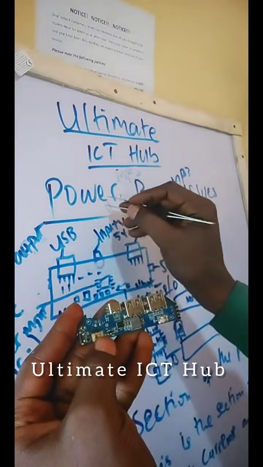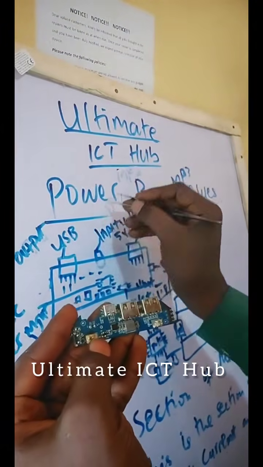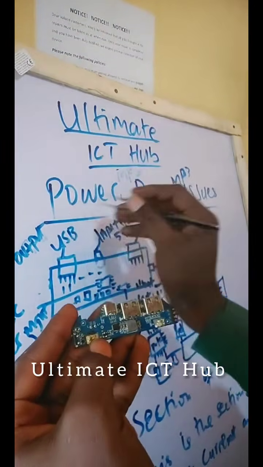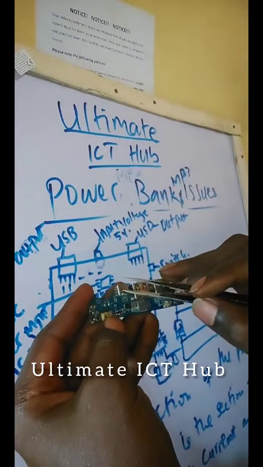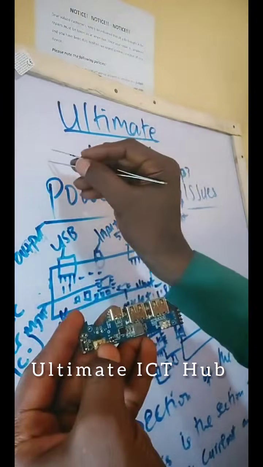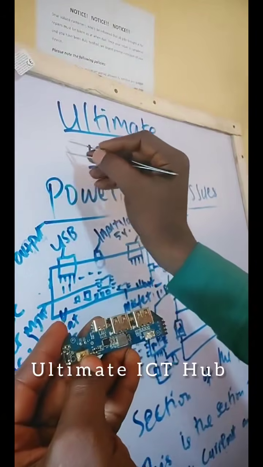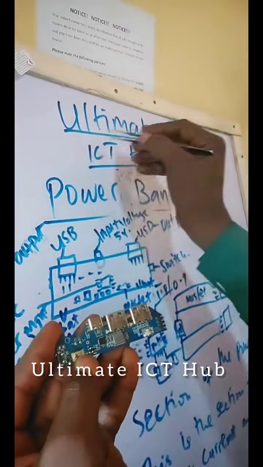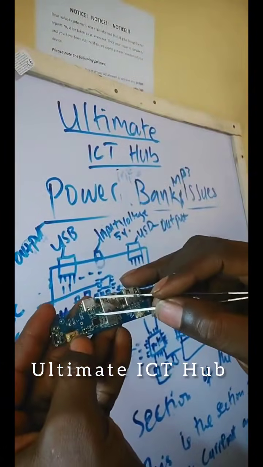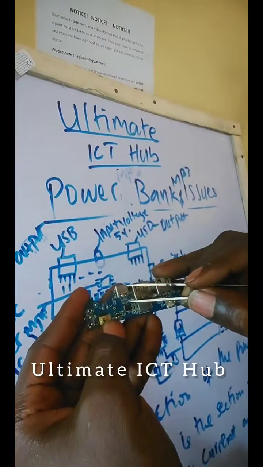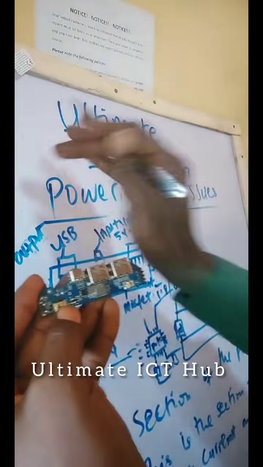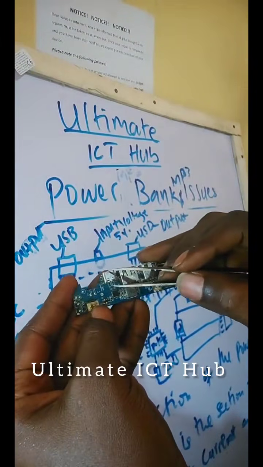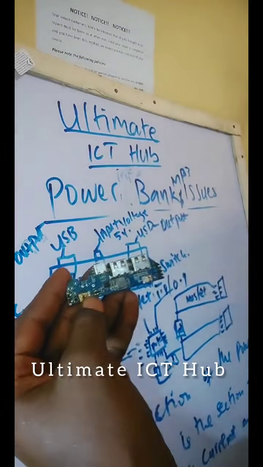The job of 4 will now be reduced to 3, and the same current coming from this place will be split. Let's say if 5 volts is coming from here, each one is supposed to take 1.5, 1.5. Do you understand? Or 0.9, 0.9, 0.9. But one of them is short or faulty. The current flow that is supposed to come into this place will increase, yes. Then there will be an issue.